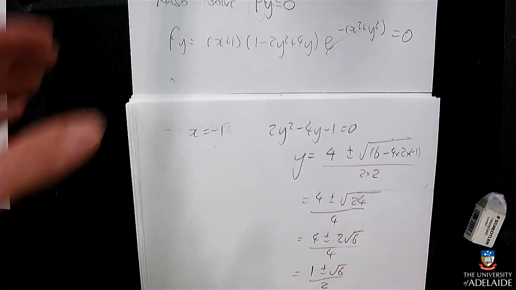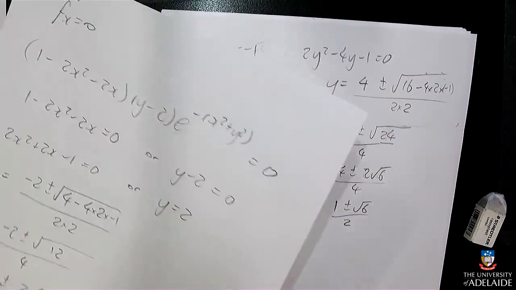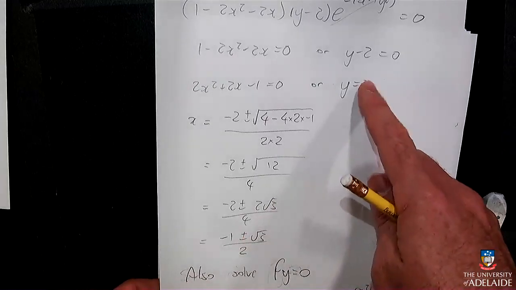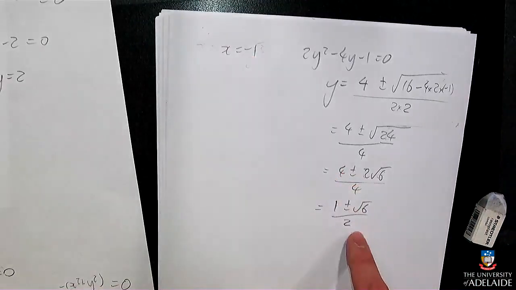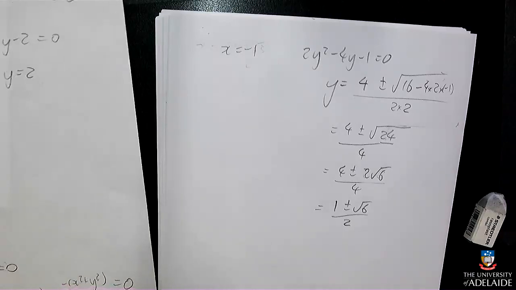Not very nice. So what have I got so far? I have that if x is this or y is this, then f sub x comes out to be 0. And if x is this or y is this, then f sub y comes out to be 0. So what we need to do is choose combinations of x and y where both of them come out to 0.